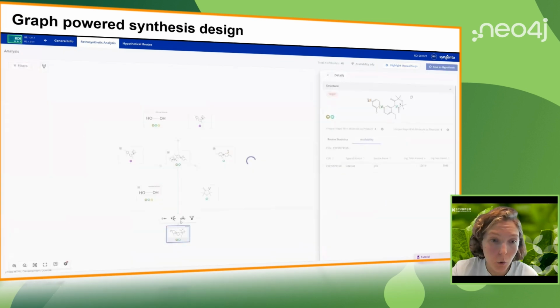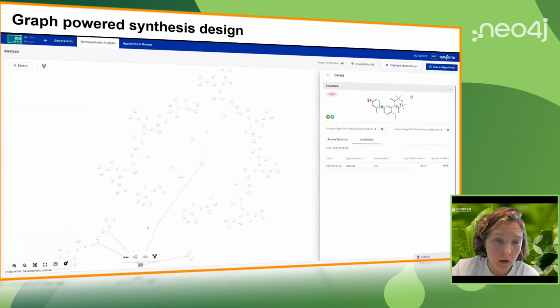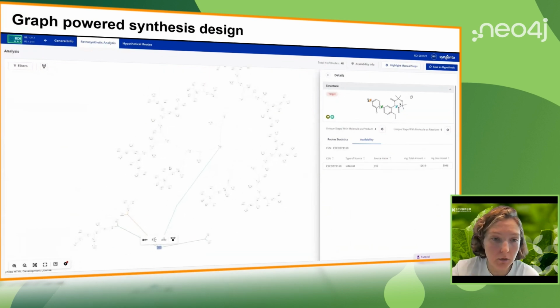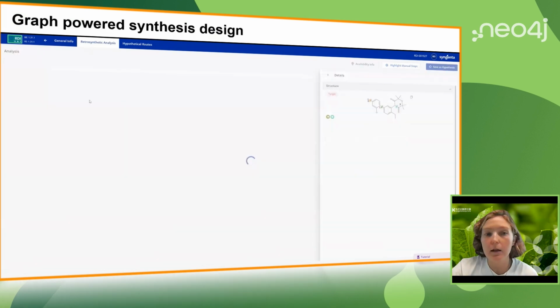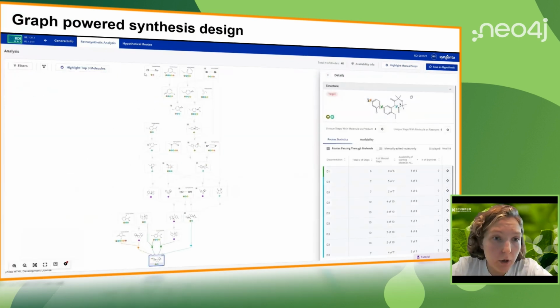Or also, if you want, you can look at the whole graph from the beginning to the end. This is the depiction which goes until it finds the starting material, and there are different kinds of visualization which make the image a bit more compact and readable.